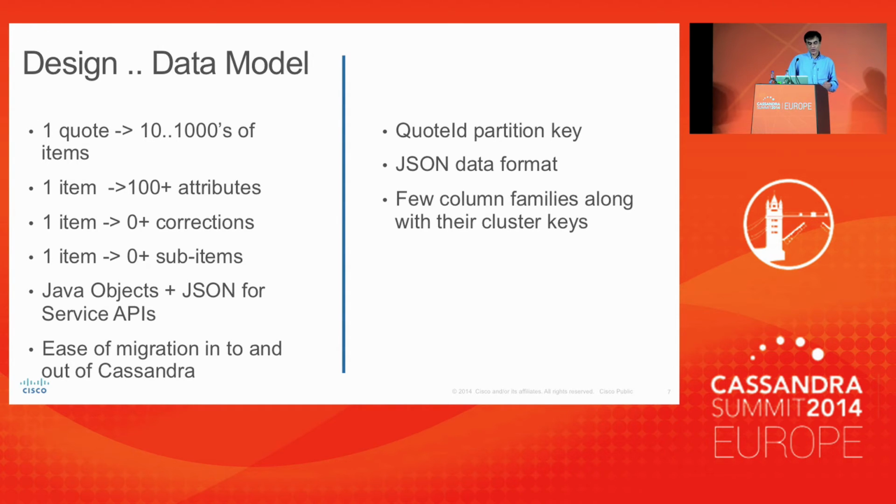The other part was our code base was already interacting with JSON as the model for interaction between two services. And the other point was that our Java code already had our Java objects embedded, and we had a way to get our Java objects to work with our JSON objects.